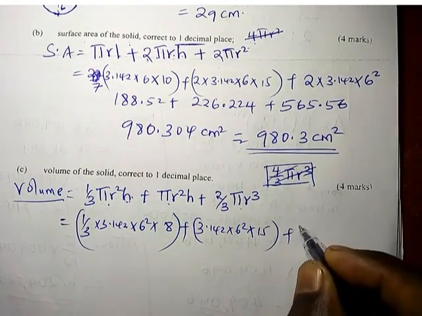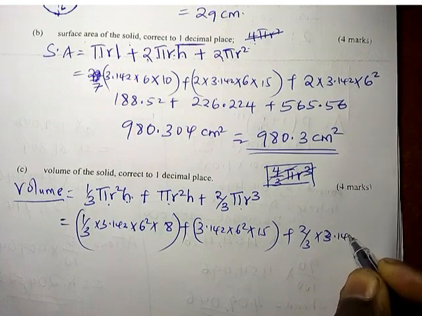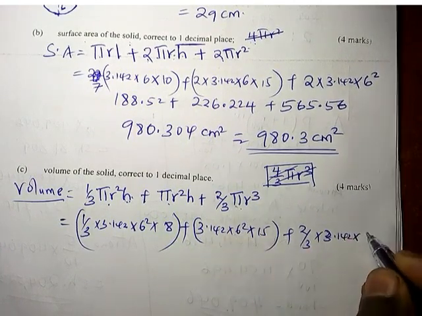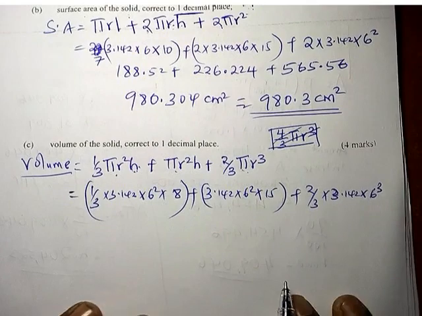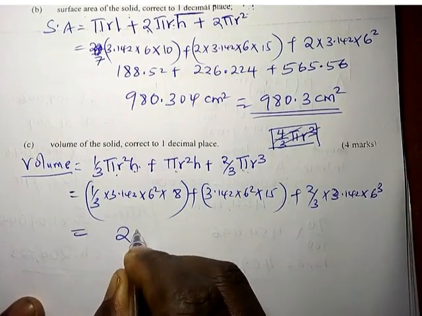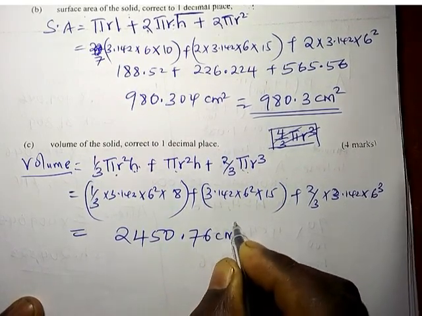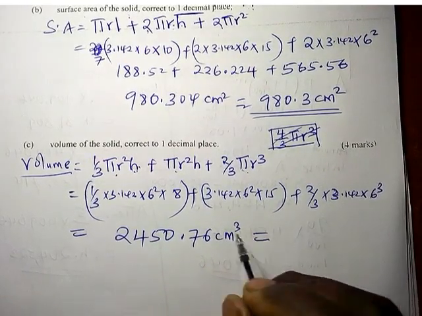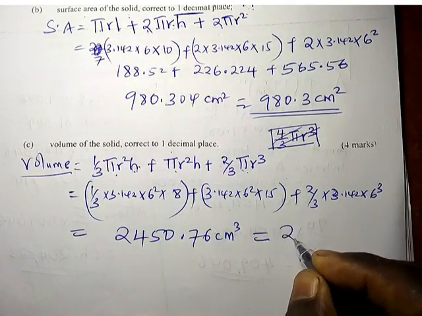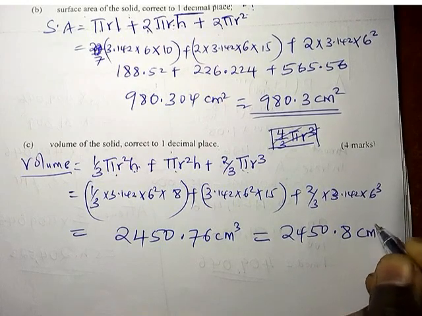And then finally 2/3 times 3.14 times 6 cube. This one will be now a total of 2,450.76 centimeters cube, which is equal to 1 decimal place 2450.8 centimeters cube.